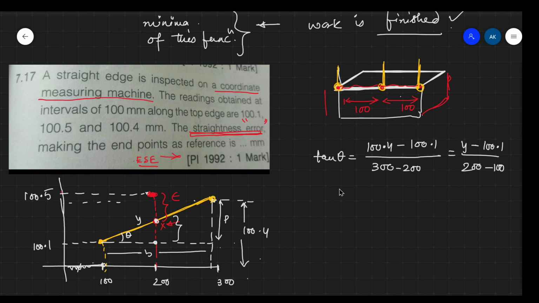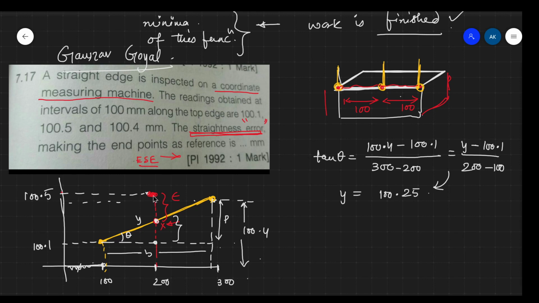From here you can find this y. This y will come to be 100.25. You solve it. As I have solved this, this was asked by Gaurav Goyal. Very nice, good chap. So anyway, this y you will get.